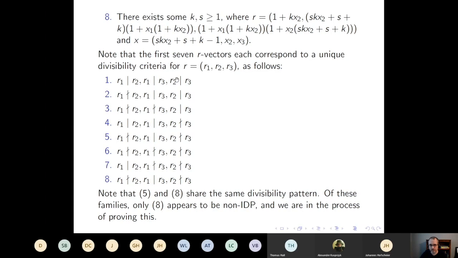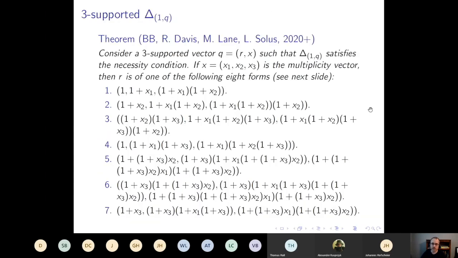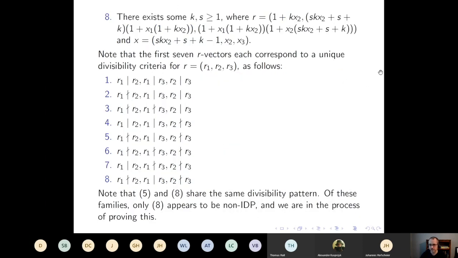All right. And so there are some obvious conjectures that one can make about, well, if you have a K-supported vector, with R1 through Rk, and I give you a multiplicity vector, is there some list like this of supports that satisfy the necessity condition, some of which give you these unique IDPs, and the rest of which are these spurious non-IDPs?